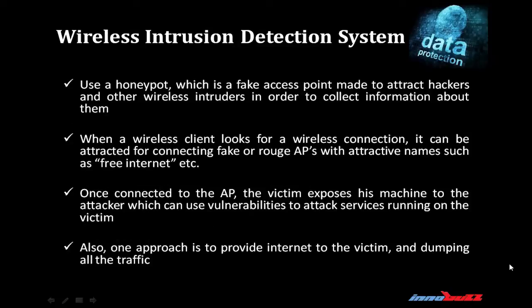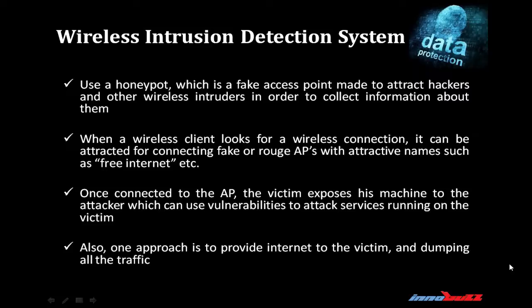A wireless network also has a wireless intrusion detection system. Hence, it is easy to detect any type of intrusion in a network. Use a honeypot, which is a fake access point made to attract hackers and other wireless intruders in order to collect information about them. When a wireless client looks for a wireless connection, it can be attracted to connect to a fake or rogue access point, made attractive by a name such as free internet.